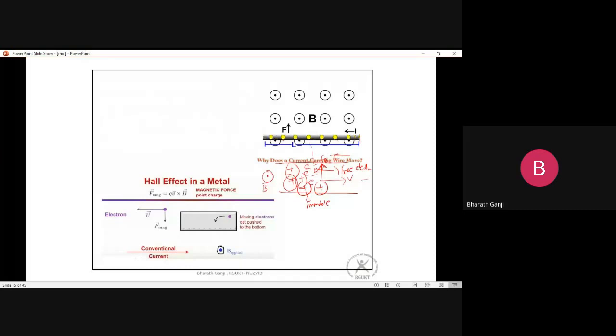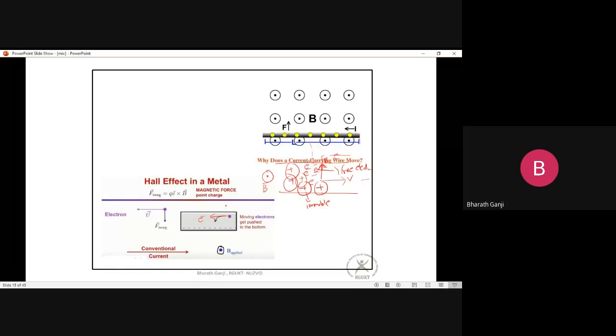So as you can see here, a moving electron. Let me take this scenario: an electron is moving in the conductor like this, and say the field is coming out of the board.